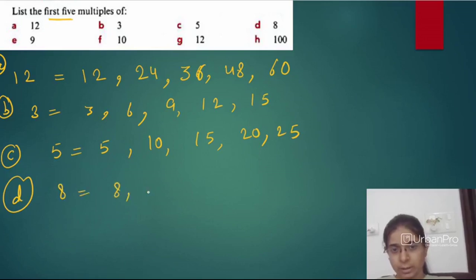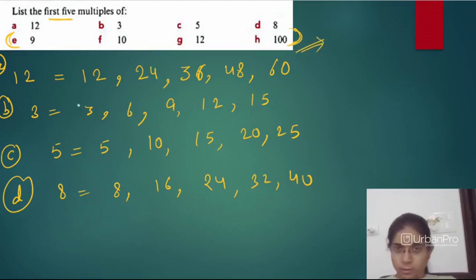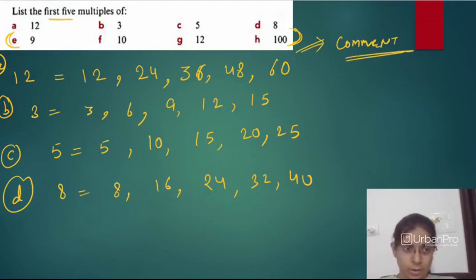For 8: 8, 16, 24, 32, and 40. Right? I'd like you to try the next 4 options in this. You can write the answers of these parts in the comment section. I'll confirm your answers.